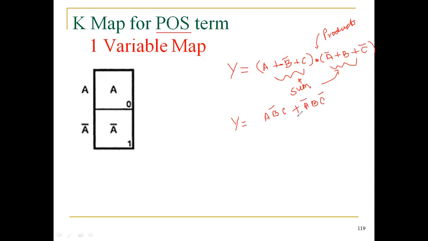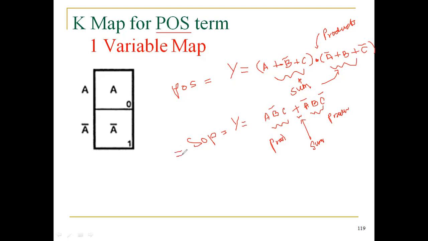So here this is the sum, and here are products, here products, here also the products. That means multiplications. So products are summed here. This is called SOP. This is called POS.